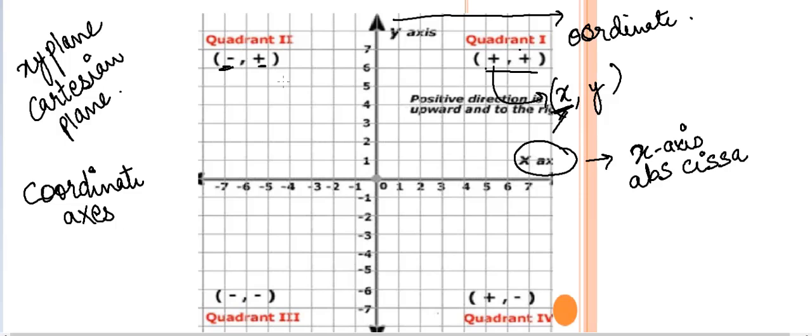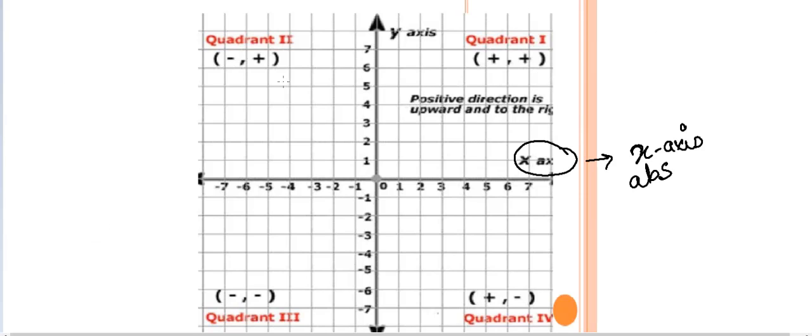Now let us take some examples to see how I can plot any point on this coordinate system or in this xy plane. Say I am having the example (-3, 7). See, the first is negative and my second is positive, so my point will lie in the second quadrant. It is -3. -3 will come here.